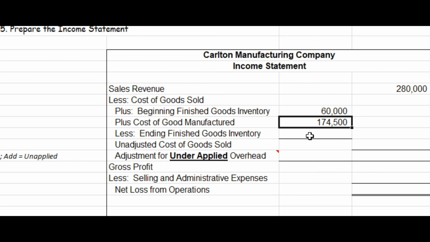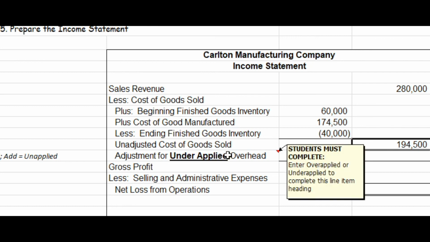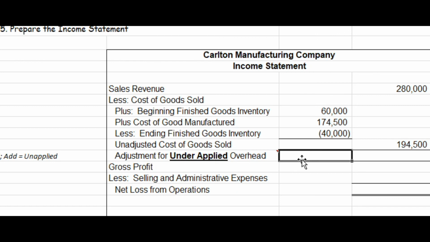Your finished goods T account, then you can also verify with your T account that you had unadjusted cost of goods sold of $194,500. Here the students were to indicate whether it was over applied or under applied. Ours was under applied at $56,000. Then you would pull a total of $250,500, which ties back to your T account as well.